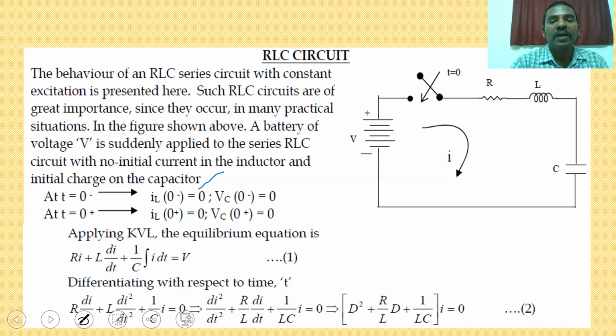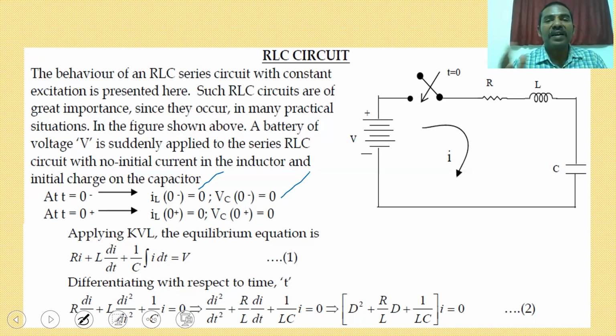The voltage drop across the capacitor is also 0. Then at the t is equal to 0 plus condition, just after the switch is closed, the inductor never takes the instantaneous current, so it will be open circuited.